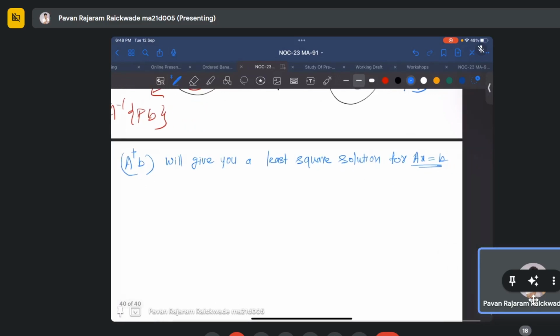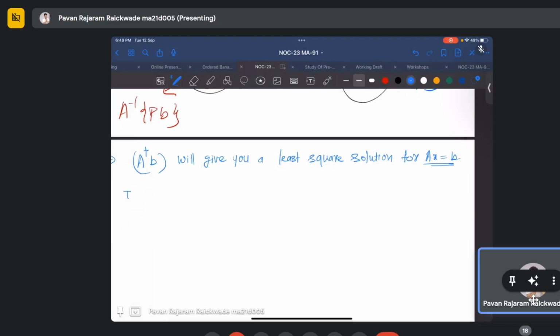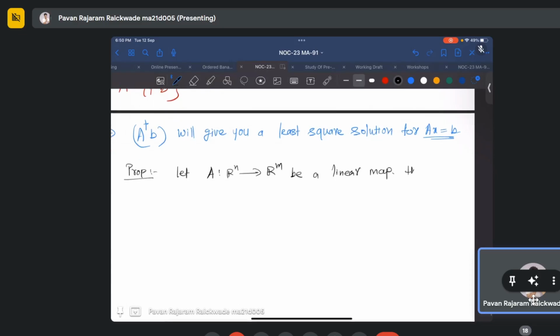Another way of finding this is a following theorem or a proposition. Let A from Rn to Rm be a linear map. Then the following are equivalent.